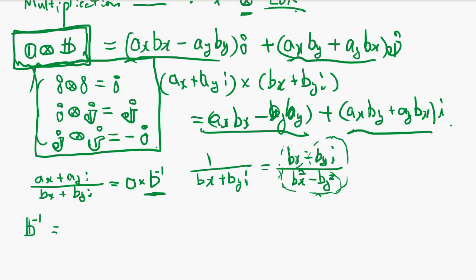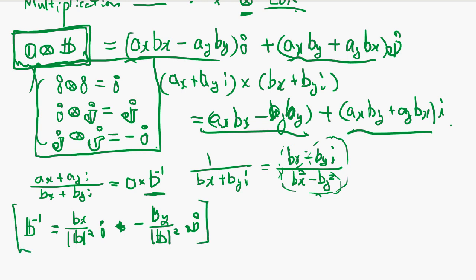It's going to be vector b's bx i plus minus by j. So we define the reciprocal of a vector, then we can do division just like complex numbers too.